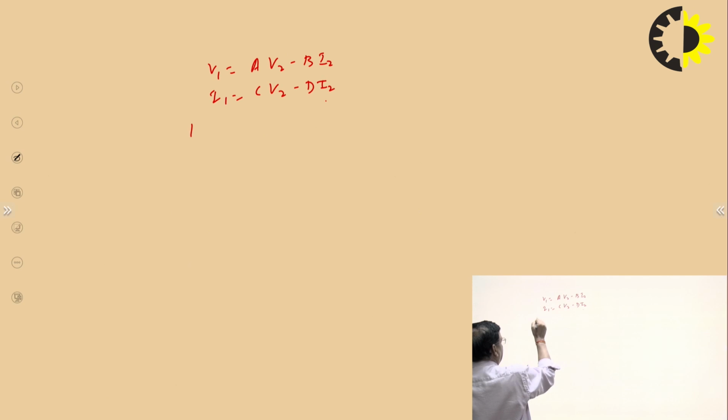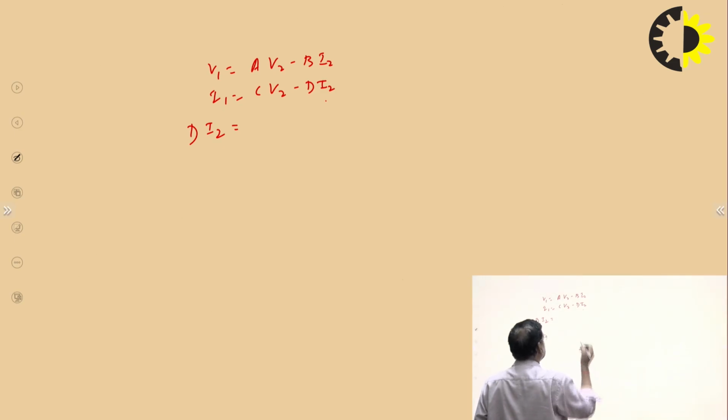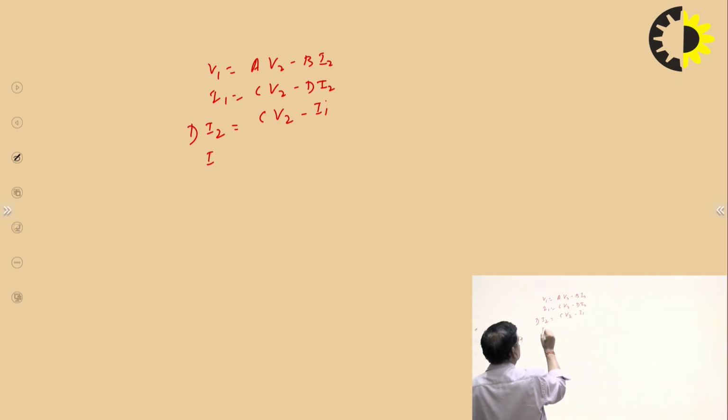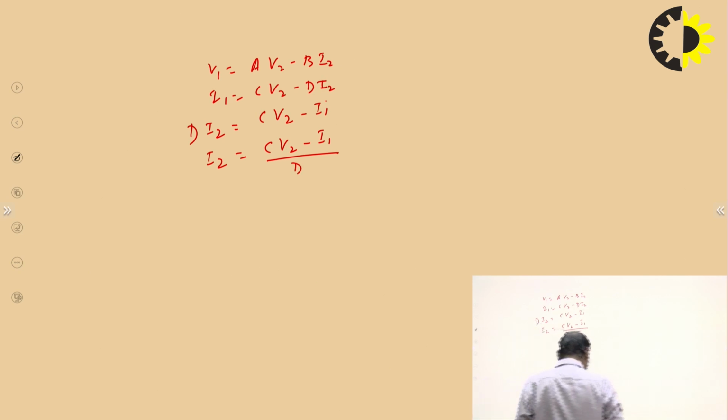So D I2, we took it here, so it is C V2 minus I1, so I2 is C V2 minus I1 upon D. This way you can write.